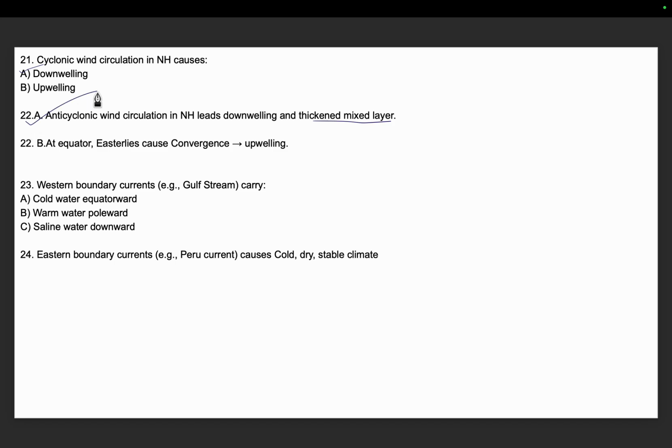Yes, this is false. This causes upwelling and not thickening. Question 22: at the equator, easterly causes convergence, that is upwelling. False. Yes, question 22 false.